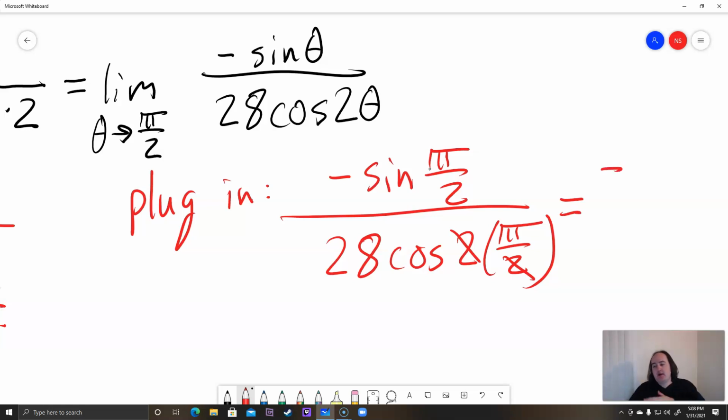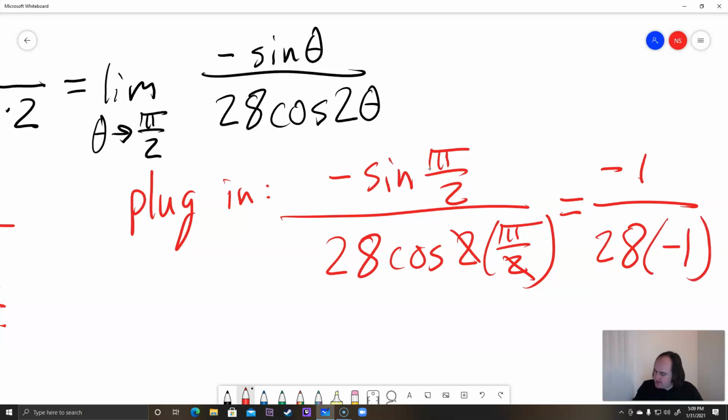Well, sine of pi over 2 is the same as the y-coordinate when you're at 90 degrees, on the positive y-axis, so that's going to be positive 1. But there's a negative in front of it, so we're going to have a negative 1 on the top, and then on the bottom we have 28 times cosine of pi. Now, pi is 180 degrees, which is on the negative x-axis, and cosine is the x-coordinate, which is negative 1. So in the denominator, we're going to have 28 times negative 1.